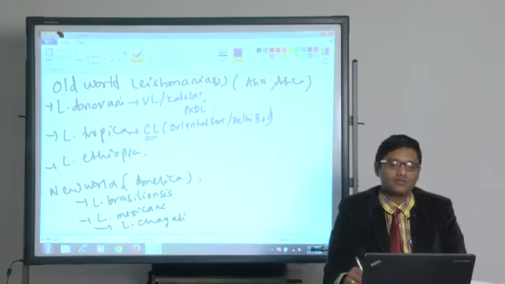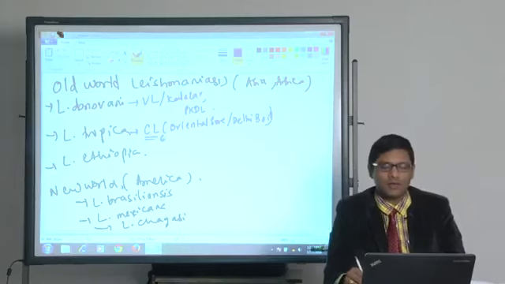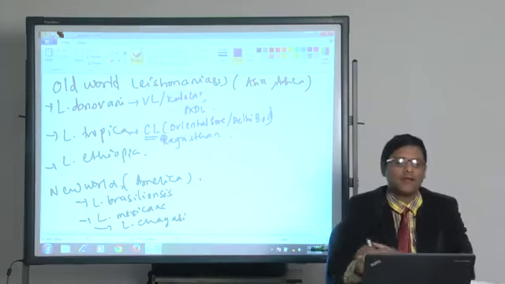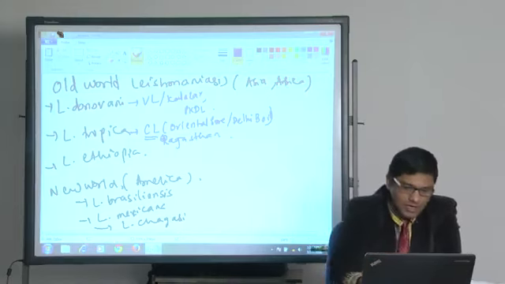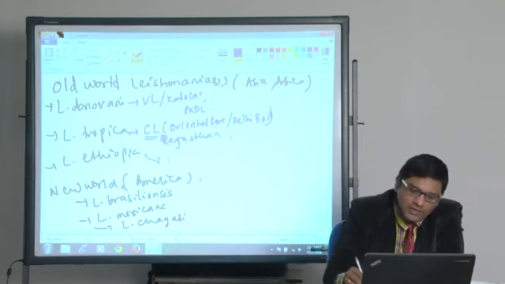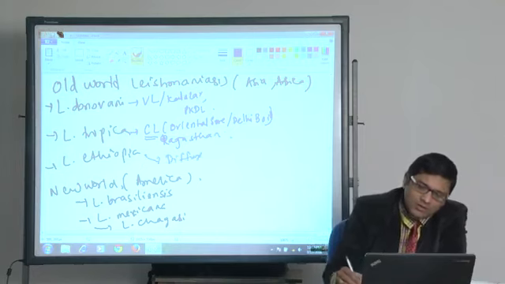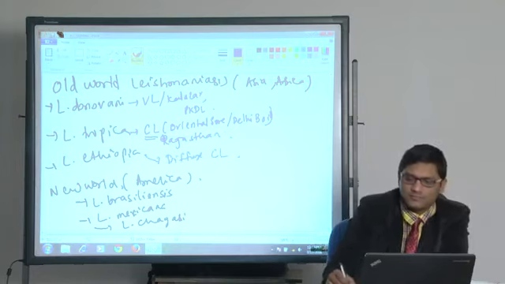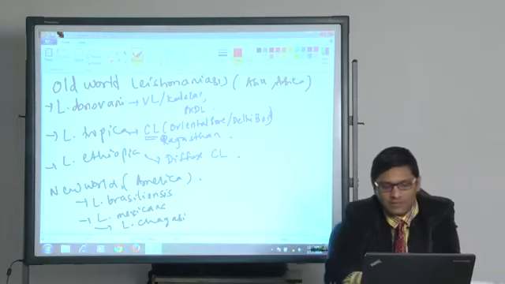It is endemic in Rajasthan. Aethiopica causes diffuse cutaneous leishmaniasis.